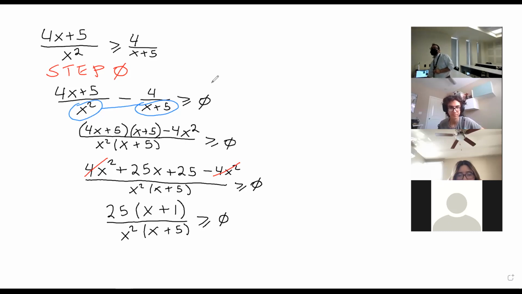Yeah. Okay. And now we're going to do step 1, which would be to find the factors. Find the roots. And could you identify what the roots are going to be that we're going to be working with here, Andres?